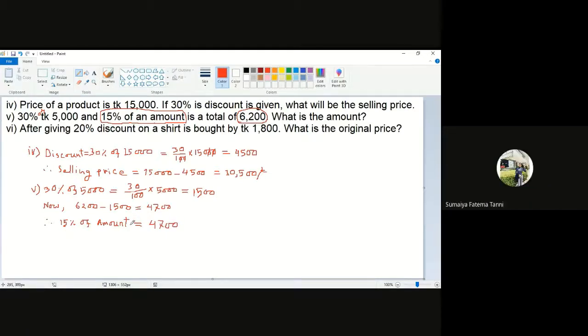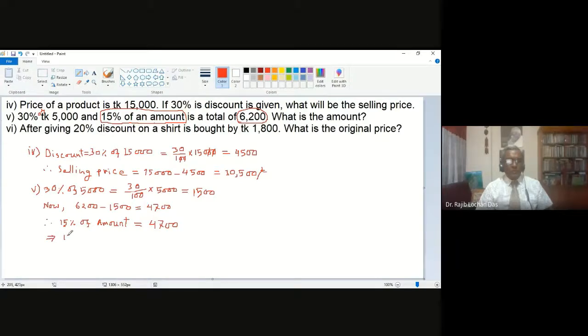Yes, sir. So in the next line you do the calculation: 15 by 100 into X, where X means the amount, equals 4,700. Then the amount is 4,700 multiplied by 100 and divided by 15, because 15 was in the upper side, it goes down, and 100 was in the lower side, it goes up.